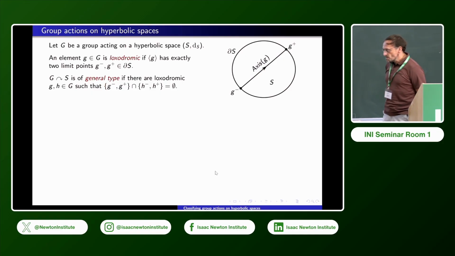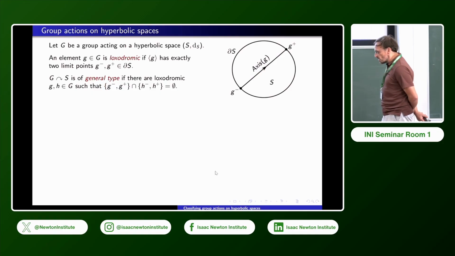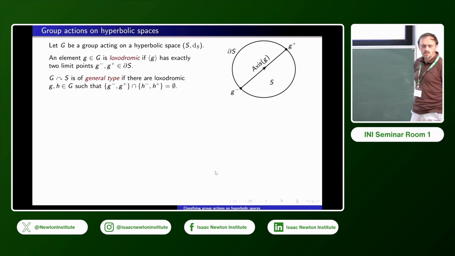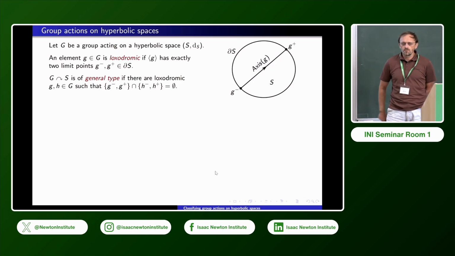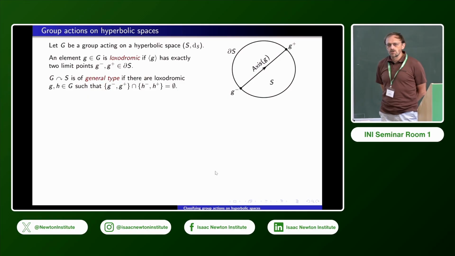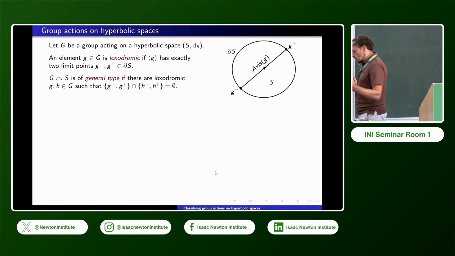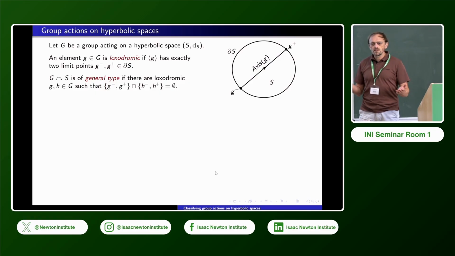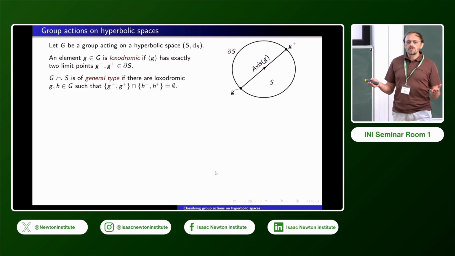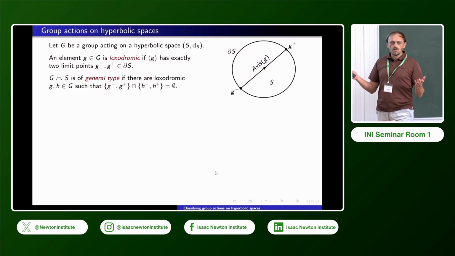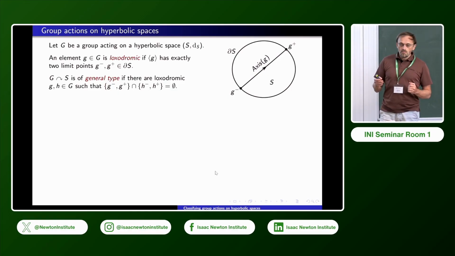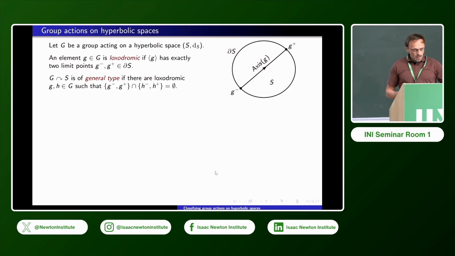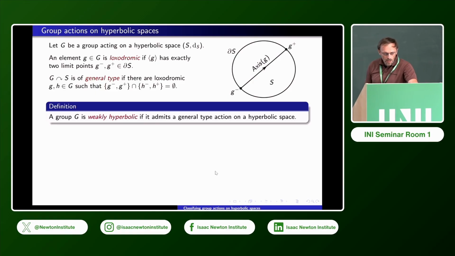And this is somewhat the minimal requirement which you need to extract some useful information from the existence of such an action, because the basic thing you can extract from the existence of a group action on a hyperbolic space is the existence of non-cyclic free subgroups, right? And that's the classical ping-pong argument. But to play ping-pong, you need exactly two transversal loxodromic elements, right? So that's sort of the minimal requirement.